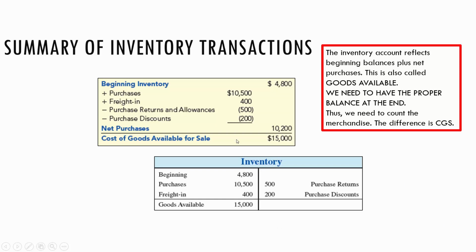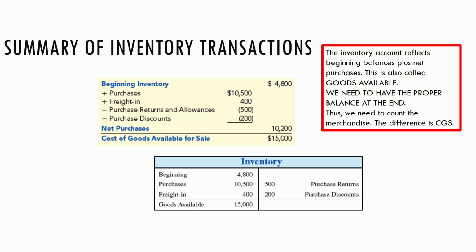When we do all of this, we find that our net purchases for this time period is $10,200 and our goods available for sale becomes $15,000. This is a bit simplified, so I think the numbers here tie back to what we had in the previous PowerPoint, the one right before this, when we showed goods available and then we showed ending inventory and cost of goods sold.